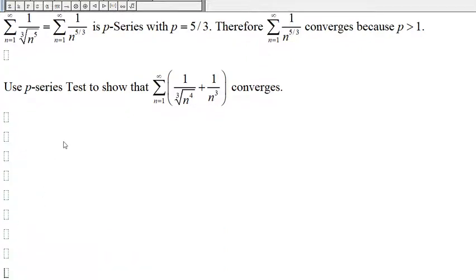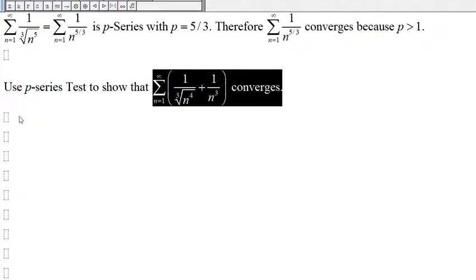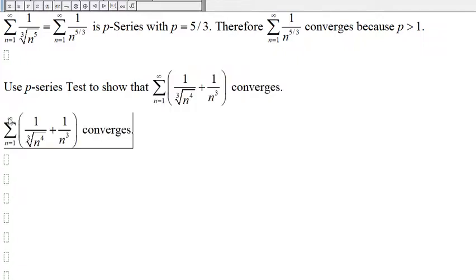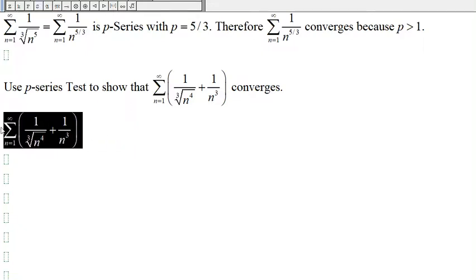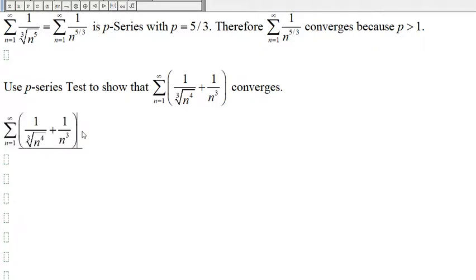And now let's look at this example. And we want to use the P-series test to show that this series right here converges. This series has 1 divided by the third root of n to the fourth plus 1 over n to the third.